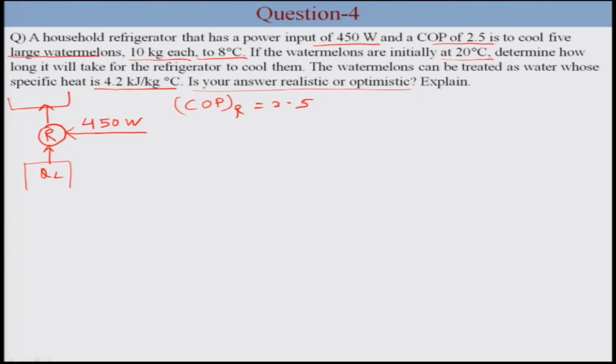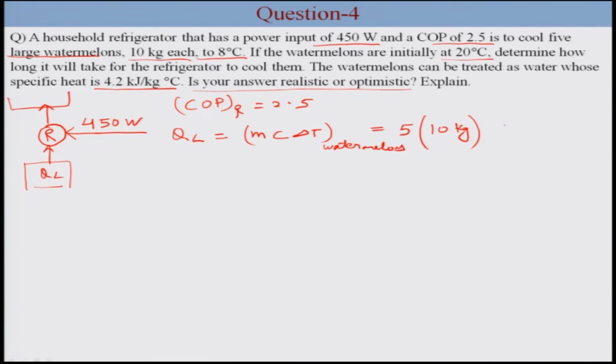We can calculate the total amount of heat which needs to be removed to cool the watermelons. That heat to be removed is Q L, which is equal to m c delta T for the watermelons. There are 5 watermelons, multiplied by the mass of each, 10 kg.